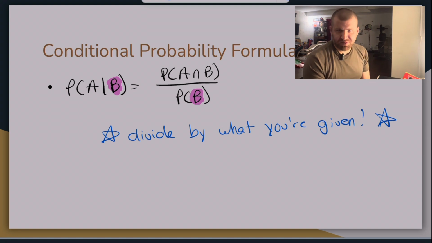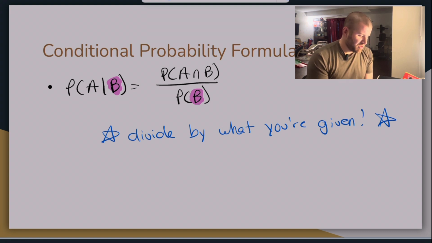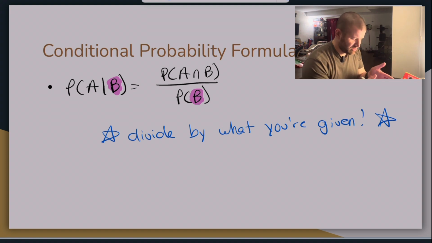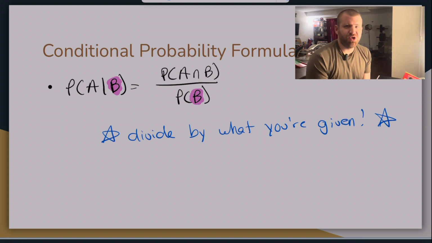That is an incredibly important thing to recognize. Whatever you're given, that's what you'll divide by. And in reality, when you're using this formula in this context, you have to be given 2 out of the 3 pieces in order to find the missing one.